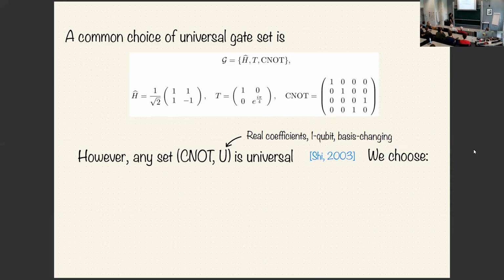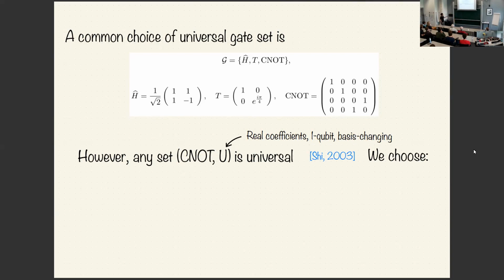This is bad. However, luckily, in 2003 there was a paper that showed there's another universal gate set you can use, which is only CNOT and a 1 qubit gate U which has real coefficients, as long as U squared is basis changing, so it creates superposition on the basis states.